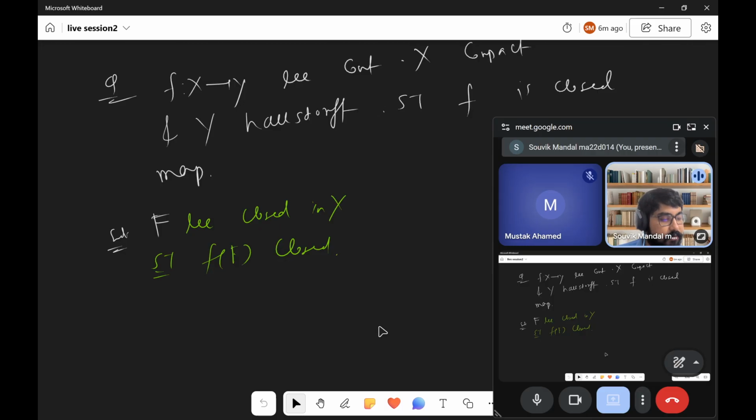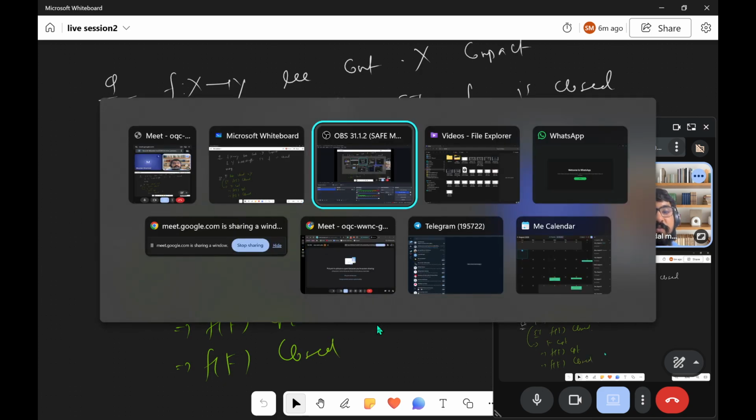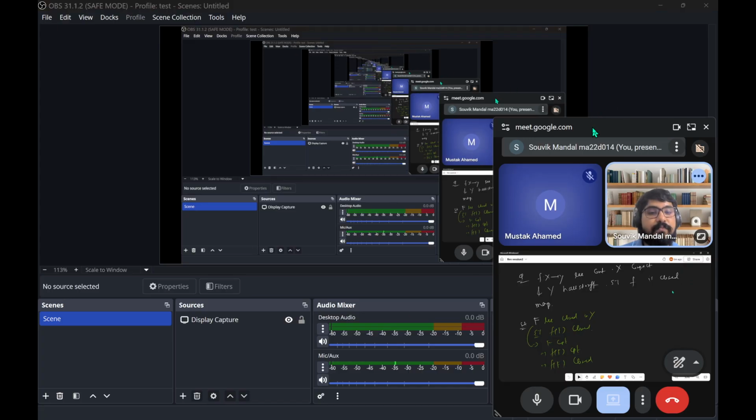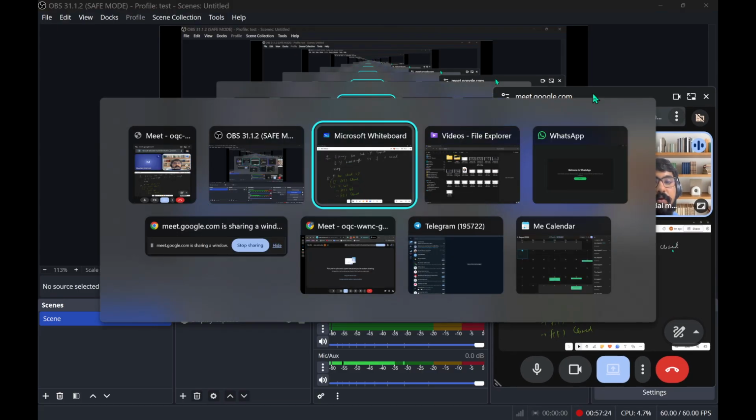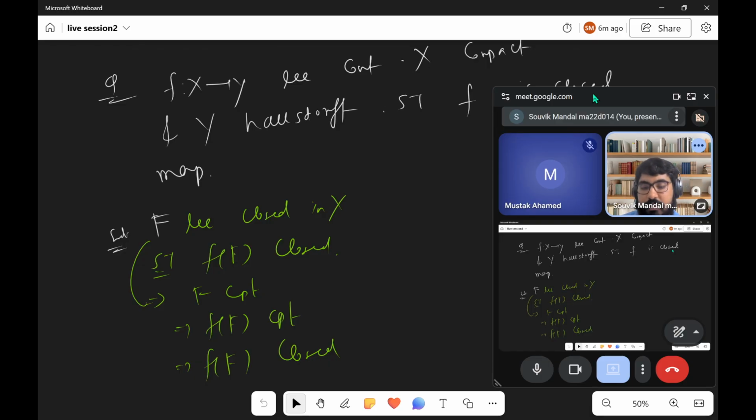Now F is closed. This implies what? F is compact because a closed subset of a compact space is compact, correct? That implies f of F is compact because the continuous image of a compact set is compact. That implies f of F is closed because a compact subspace of a Hausdorff space is closed. Okay, I hope the argument is clear. There is nothing much to explain.